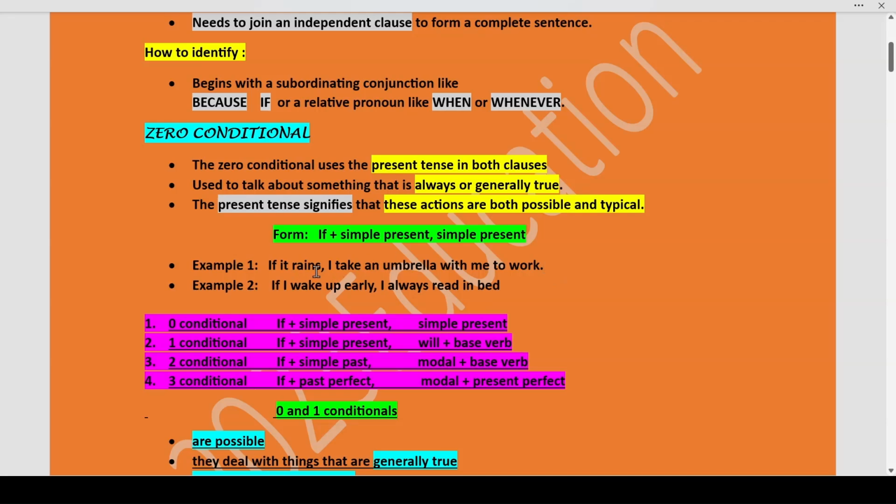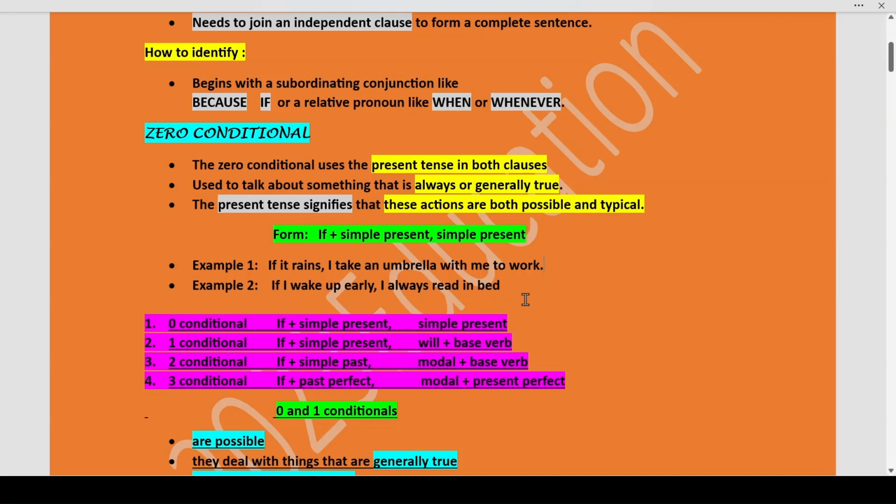Now, if it rains is in the simple present tense, I take an umbrella with me to work is also in your simple present. So this is called your zero conditional. It is talking about something that is always or generally true. If it generally rains, I generally take an umbrella with me to work. Second example, if I wake up early, I always read in bed.